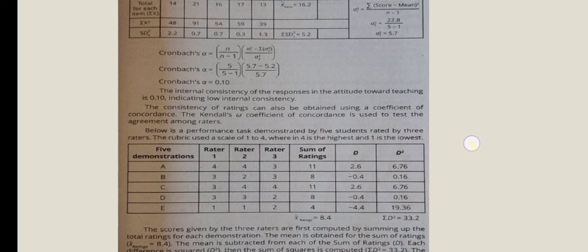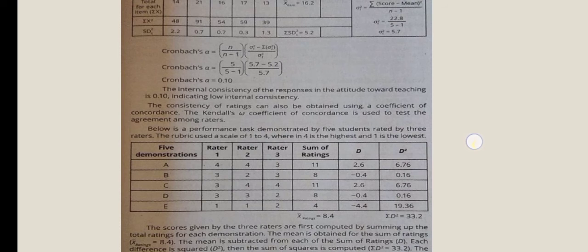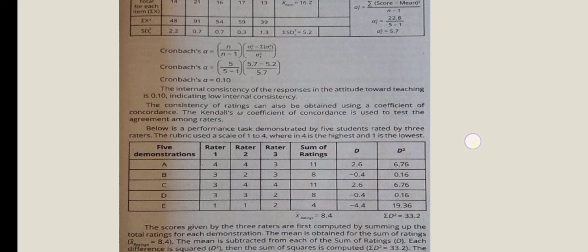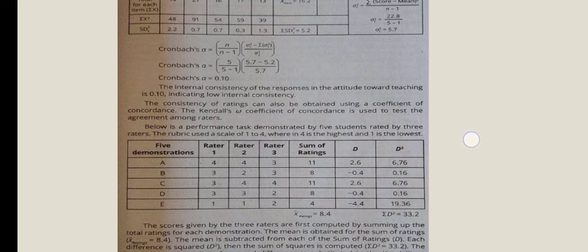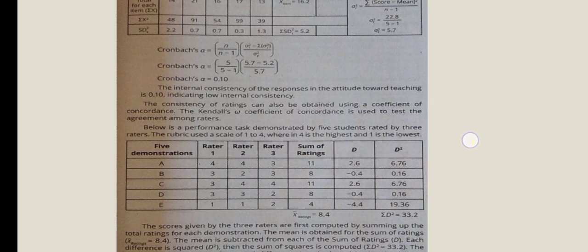The consistency of ratings can also be obtained using a coefficient of concordance. The Kendall's W coefficient of concordance is used to test the agreement among raters. Below is a performance task demonstrated by 5 students rated by 3 raters.